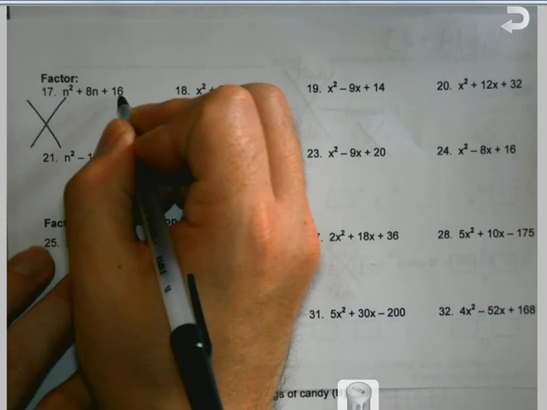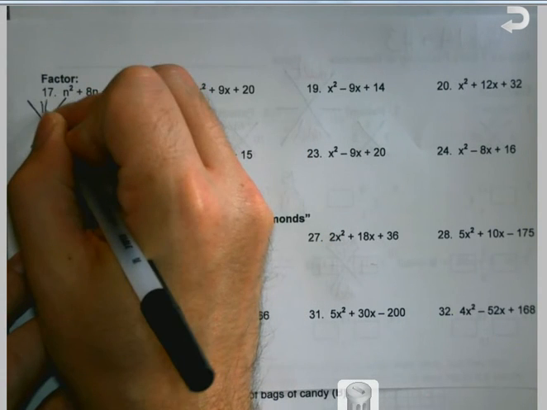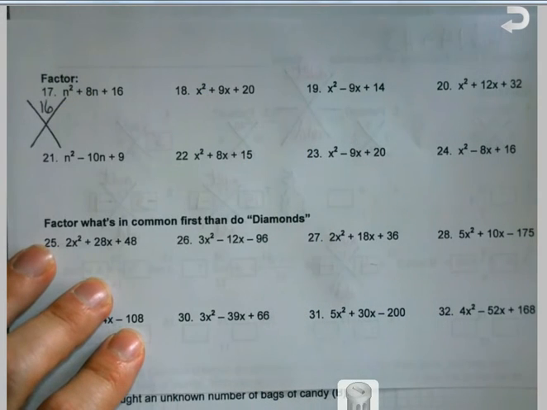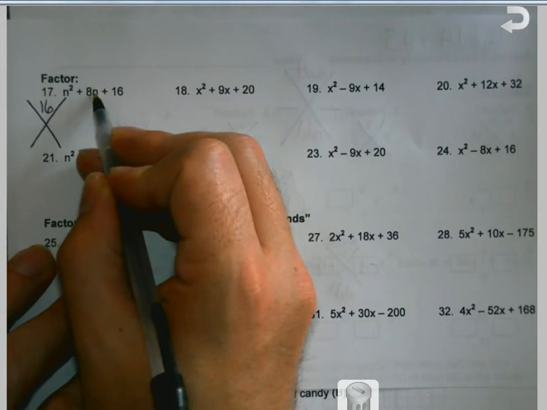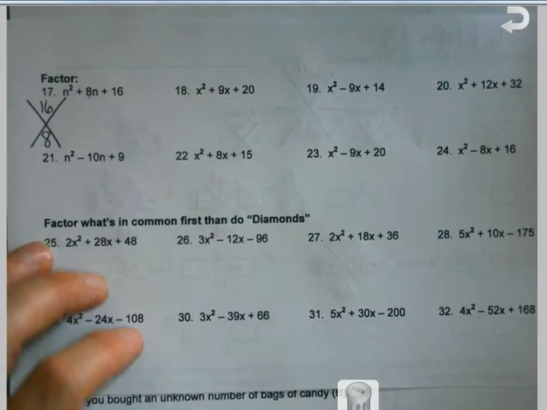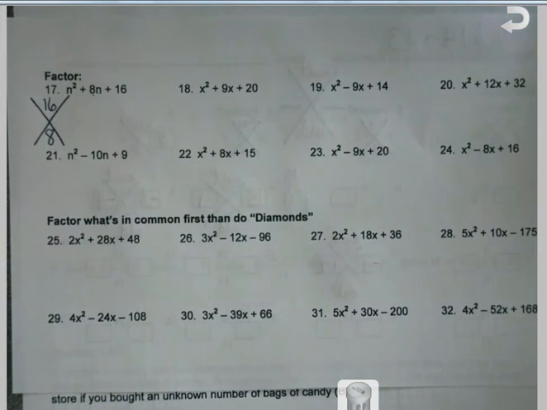But again, the number on the end is the number I'm multiplying to get. And the number in the middle with my variable, here in this case the 8, is my number that goes in the bottom. That's never going to change. So once I get that set up, I go, okay, I need two numbers that multiply to 16 but add up to 8.